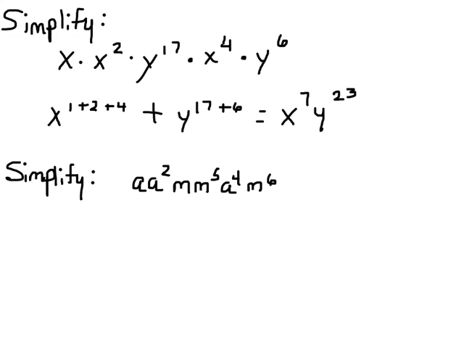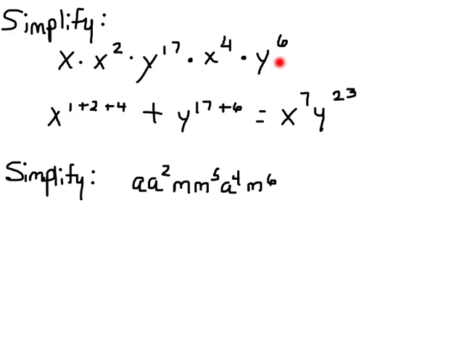All right, so let's look at these problems. x times x squared, y to the 17th times x to the 4th times y to the 6th. Remember when we're adding like terms, this is sort of the same. You can only add the exponents that have the same base. Now we have 3 x terms. One is to the 1st, one is squared, and one is to the 4th.